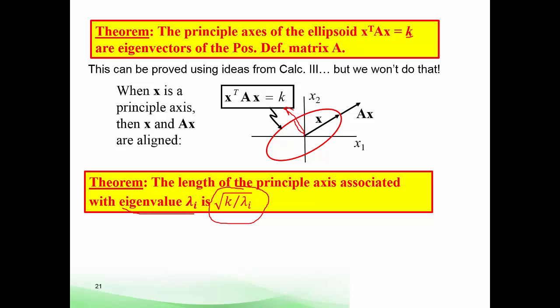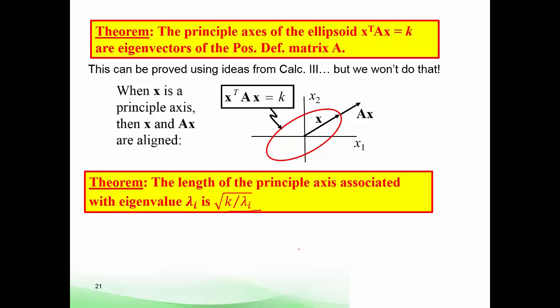So as I increase k, the size of the ellipse will get bigger because the principal axis will be out a little bit farther. If I quadruple k, I'm going to double the size because of the square root. But how are they related to the eigenvalues? Reciprocally. Well, square root reciprocally. So if I increase the eigenvalue, the size of the ellipse will go down.